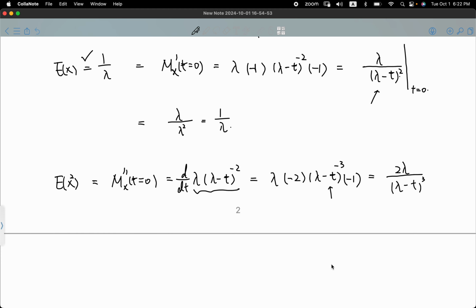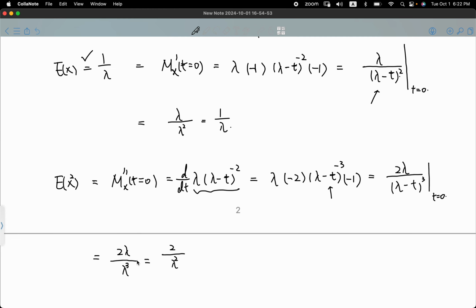Well, what else should we do here? Set t equal to 0, right? And what does this give you when you evaluate at t equal to 0? So 2 lambda over lambda raised to the power of 3, and then you will have 2 over lambda raised to the power of 2.